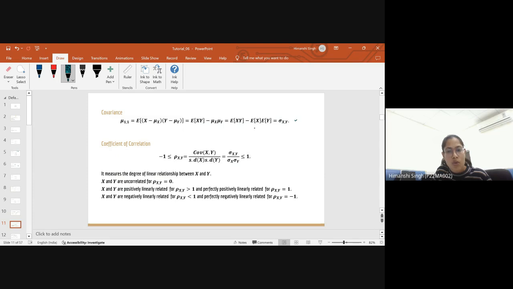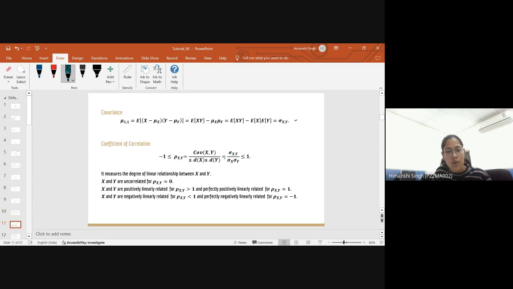Now, apart from this covariance, there is a concept called the coefficient of correlation, which we define using the notion of covariance. This coefficient of correlation is the ratio of the covariance between x and y divided by the standard deviation of x into the standard deviation of y. So this is sigma xy divided by sigma x into sigma y.